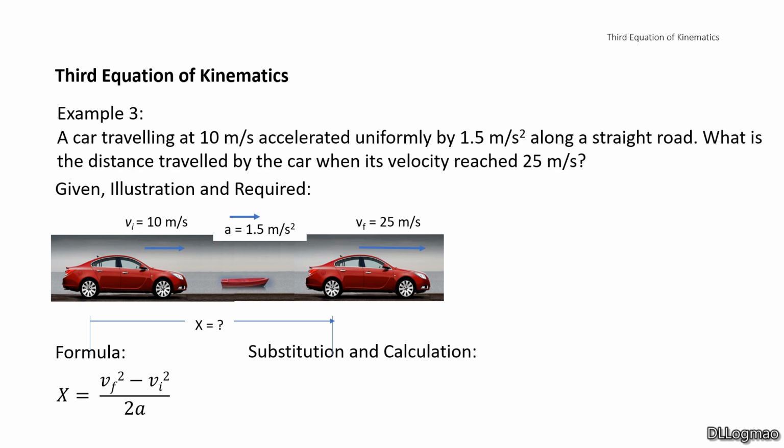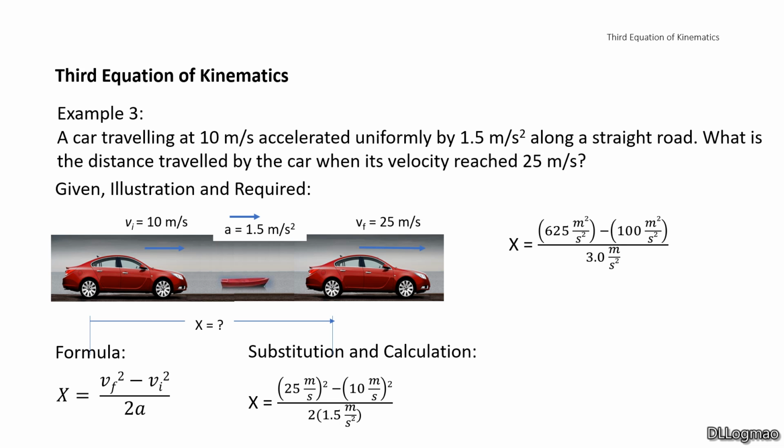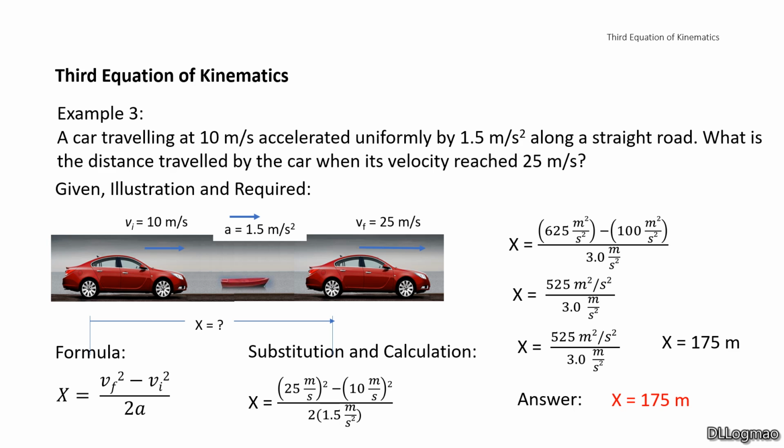Substituting the values of final velocity, initial velocity, and the acceleration, the distance traveled is 175 meters. The final answer is the distance traveled S is equal to 175 meters.